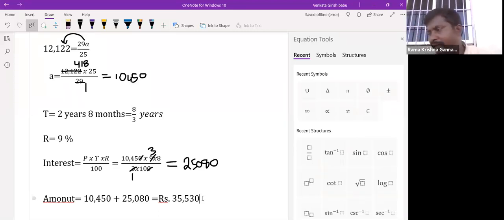Any doubt in yesterday's exam problems? Anybody have doubt? Raise your hands. The online exam is completed.